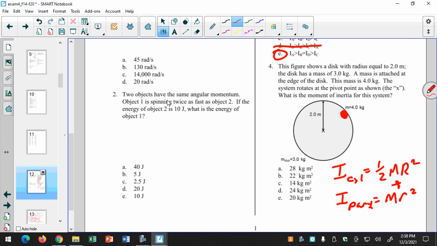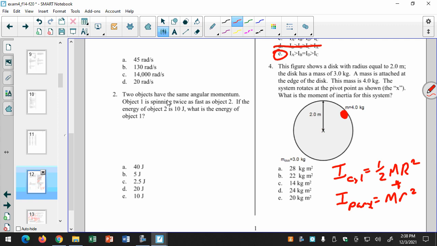Oh, yeah. This actually came directly from one of the concept test questions. I think that maybe I put a number in it. So, two objects have the same angular momentum. Object 1 is spinning twice as fast as object 2. I find it helpful to draw a picture to help me keep the variables in mind, because if it's spinning twice as fast, is this going to be something with a bigger radius or a smaller radius?